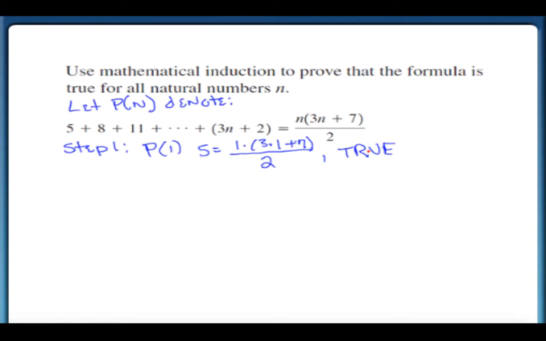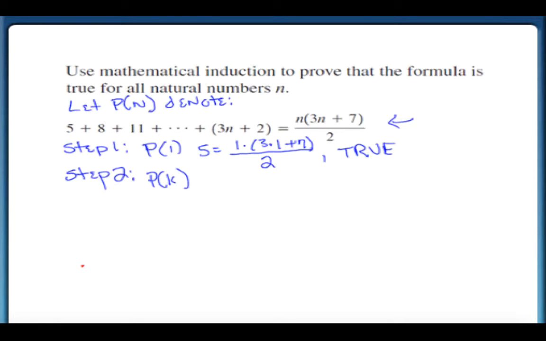So step 2. We assume that P of k is true, and P of k is this statement once again, but instead of n, we're redefining this with k in place of n.